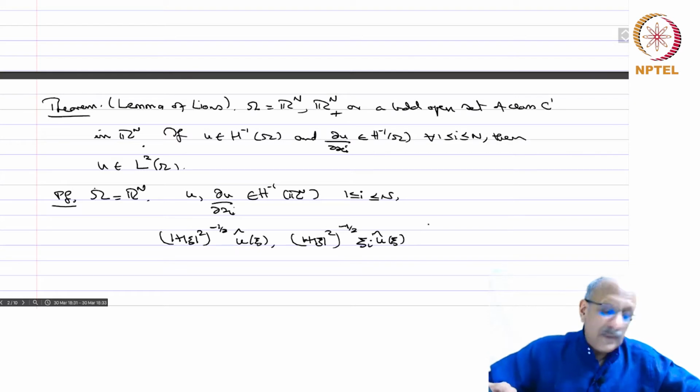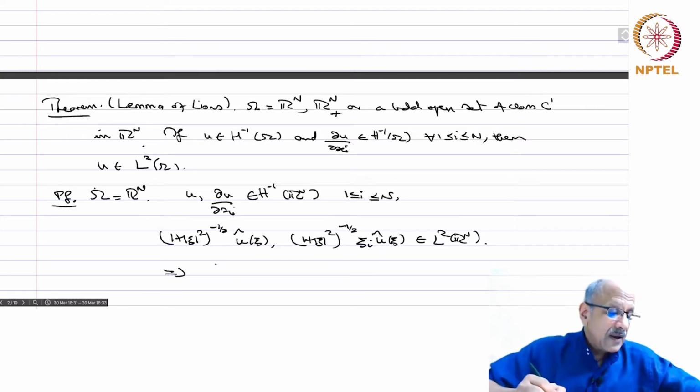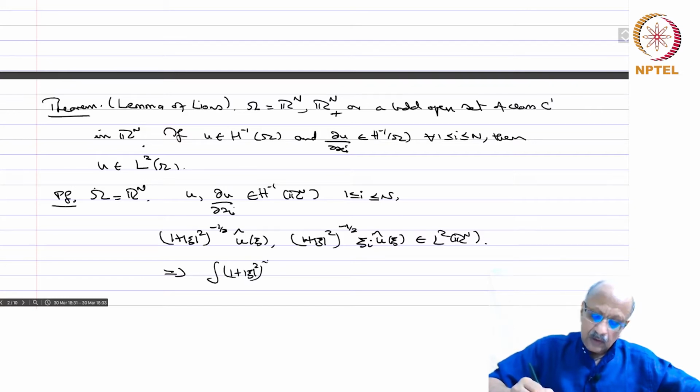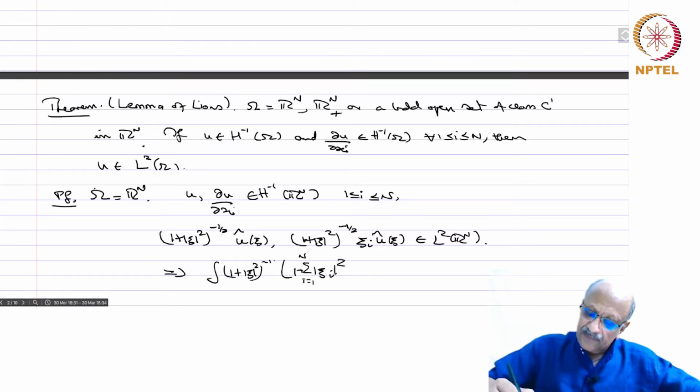So all these belong to L2(R^n), and this means that the integral over R^n of (1+|ξ|²)^{-1}·1, which comes from this term, plus |ξ|² Σ_{i=1}^n, which comes from this term, times |û(ξ)|² dξ is finite.